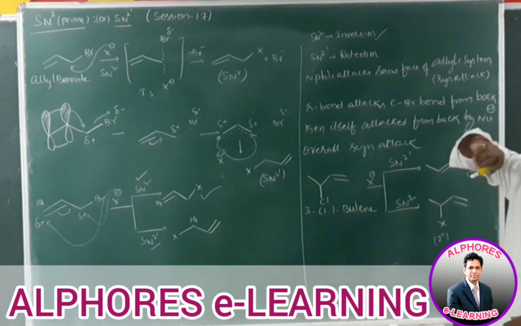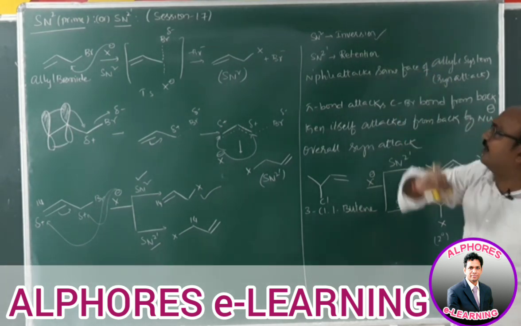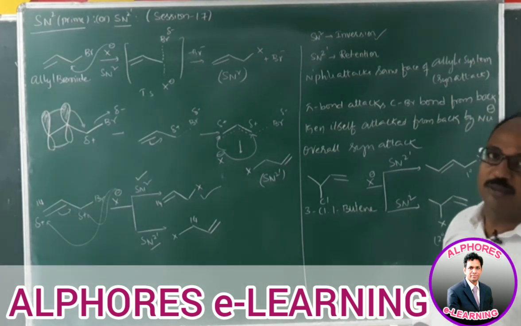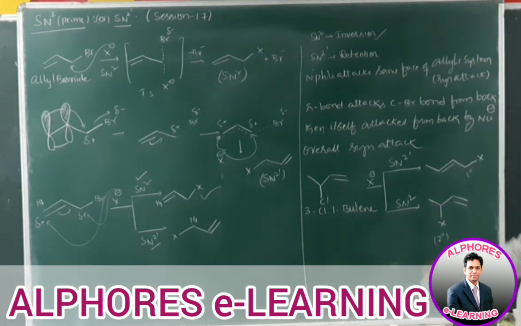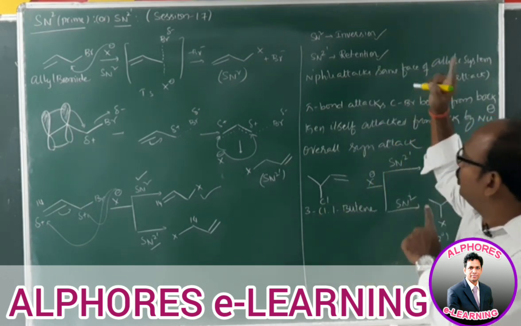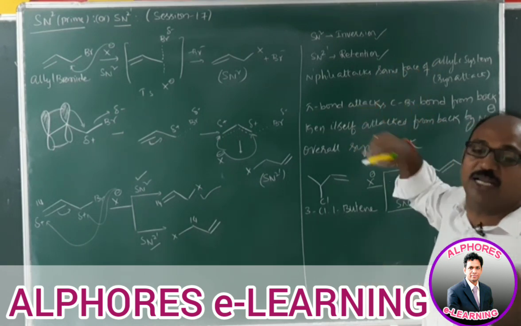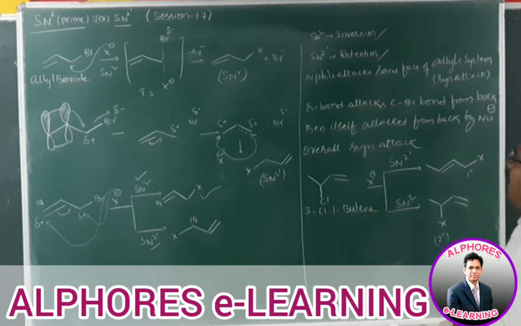In such a case, all SN2 reactions give inversion, whereas SN2 dash generally gives retention of the product. I am repeating: all SN2 gives inversion, whereas SN2 dash generally gives retention.